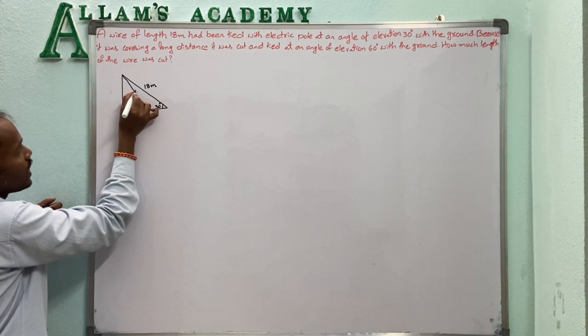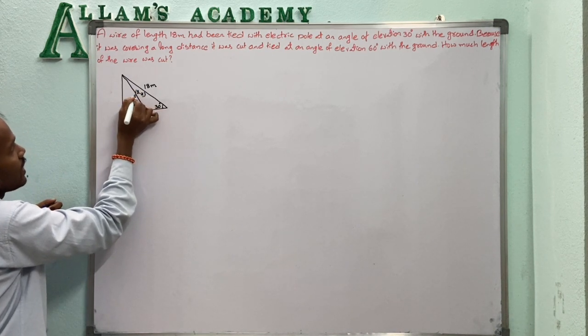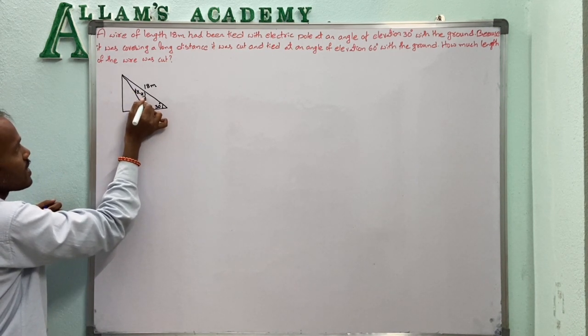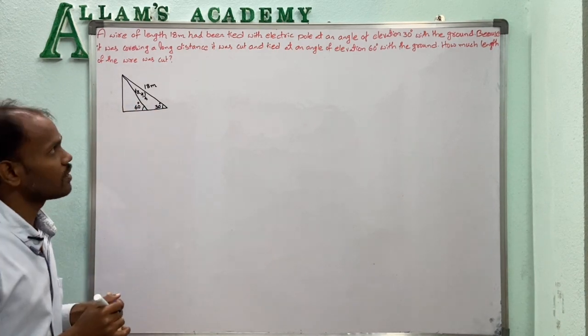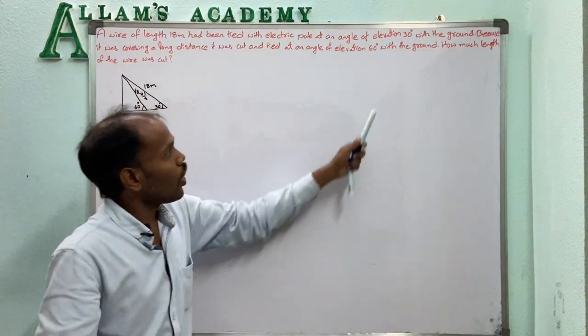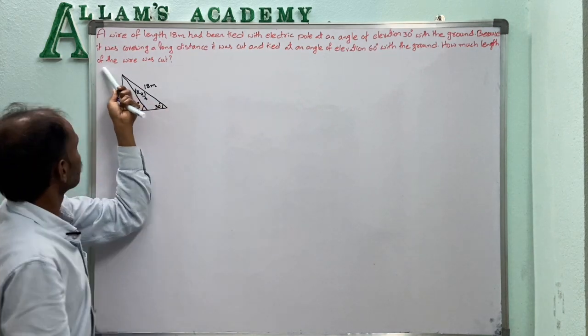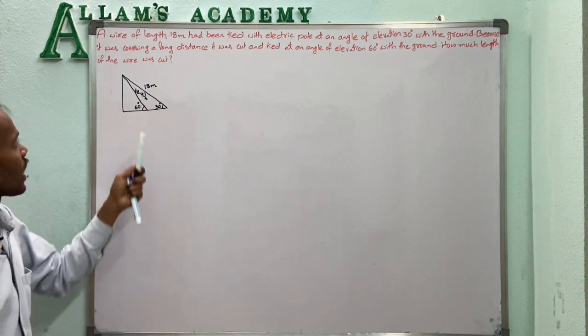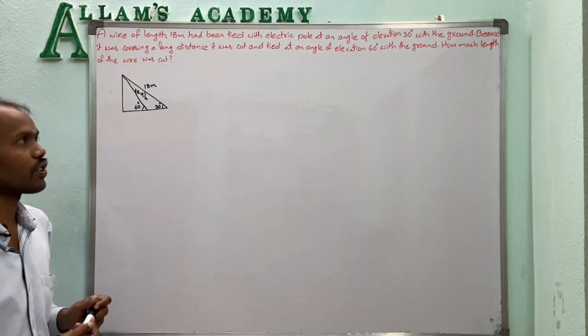Suppose the cut length is x, then the remaining length is 18 minus x meters. How much length of the wire was cut? So we want to find the cutting length x.